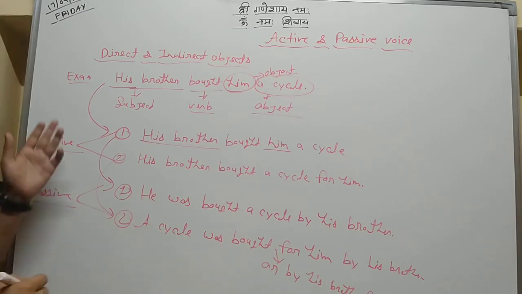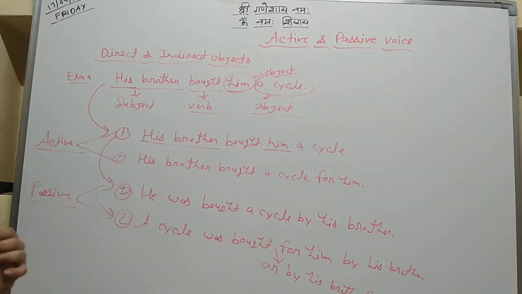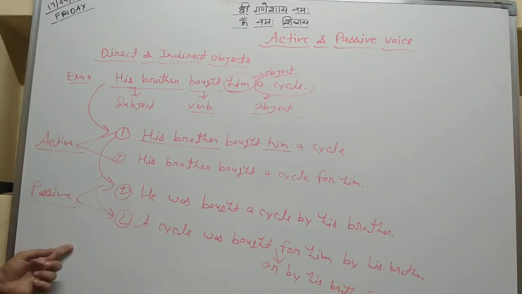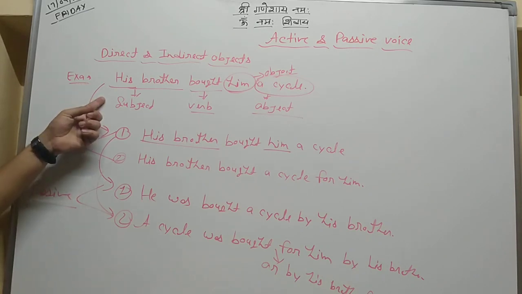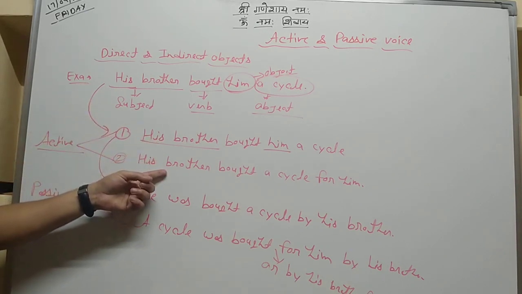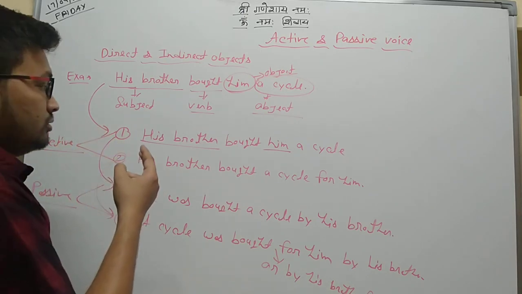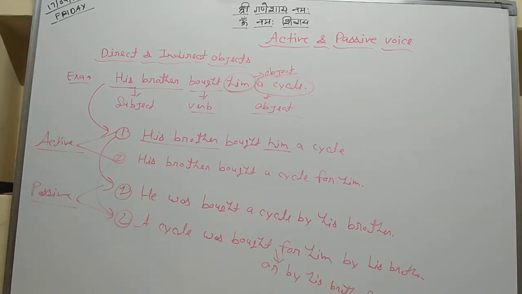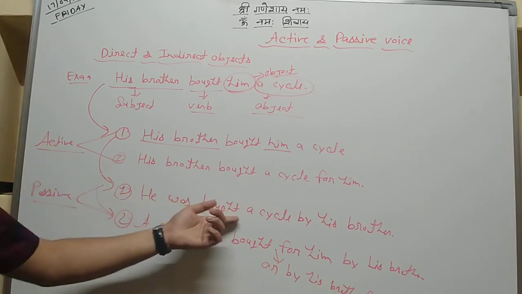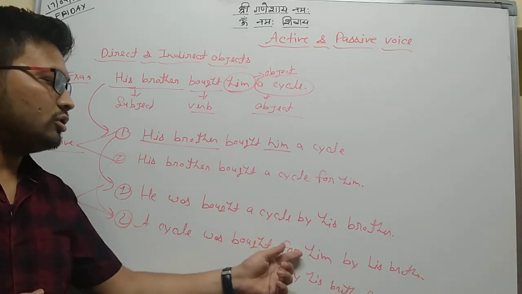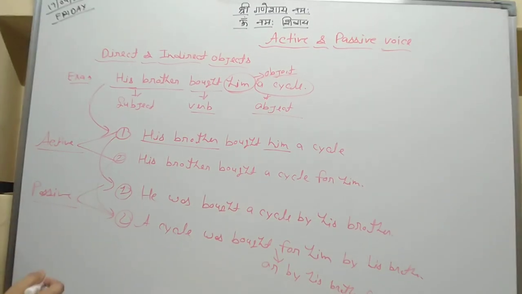We can learn that when the active voice has two objects, there are two ways to change active to passive voice. First, he was bought a cycle by his brother, and second, a cycle was bought for him by his brother.